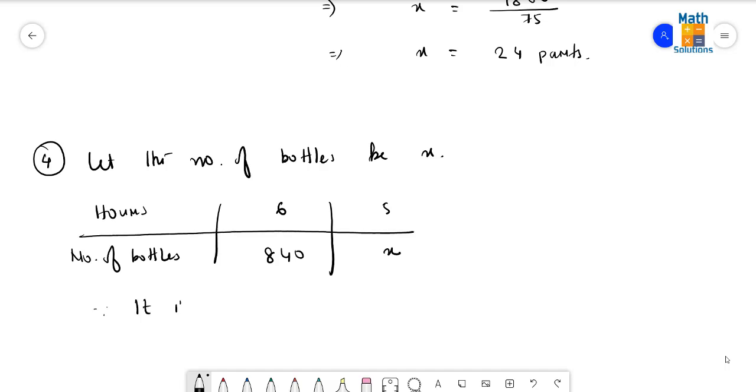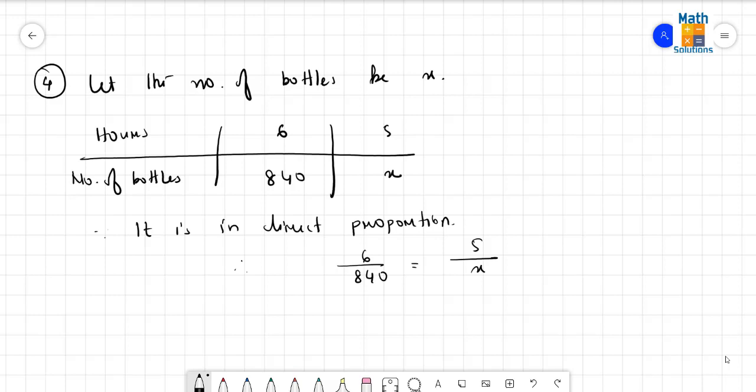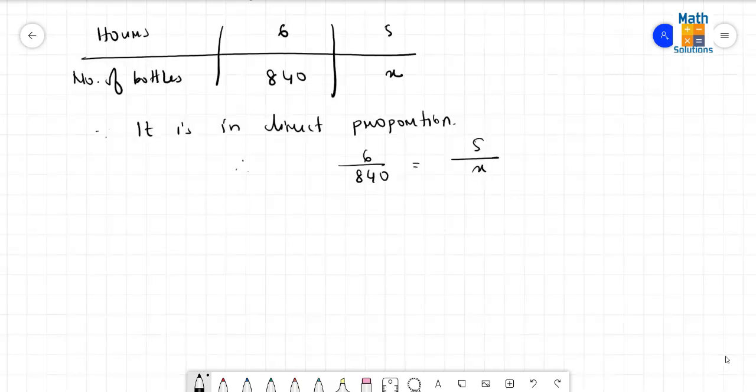Since it is in direct proportion, therefore 6 by 840 is equal to 5 by x. So let us perform cross multiplication.